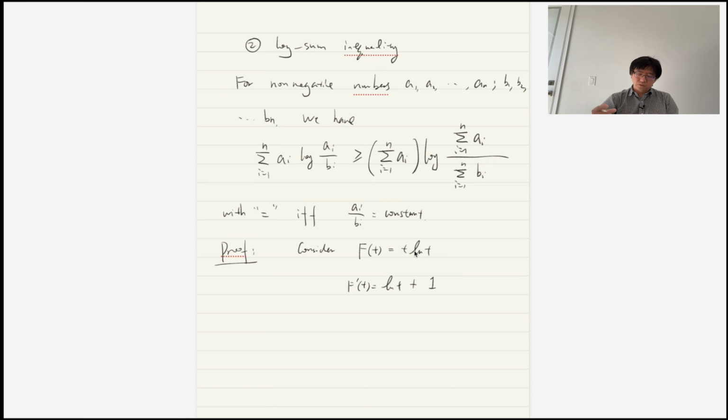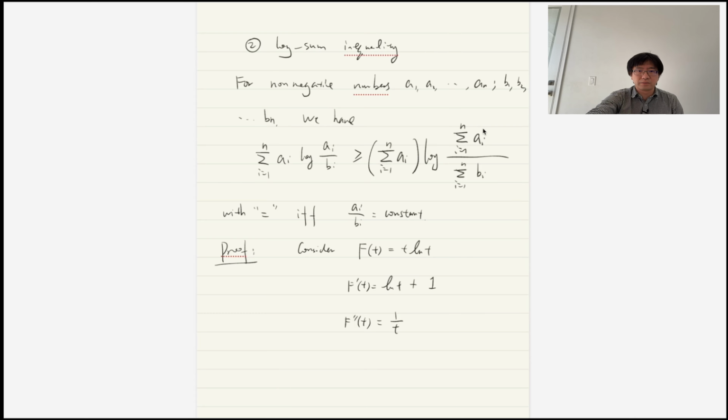And then, remember the theorem that we talked about in our last lecture: how can we determine whether a function is convex or not, or strictly convex or not? We need to do the second derivative. The second order derivative is the derivative of this guy, which is just 1 over t. Here, remember that everything is bigger than 0.